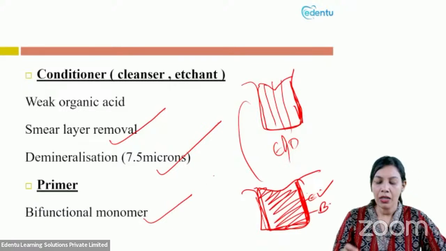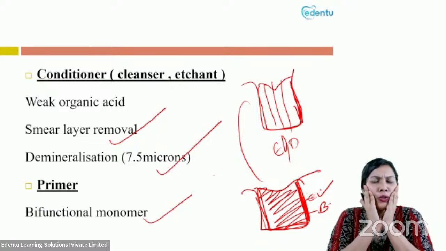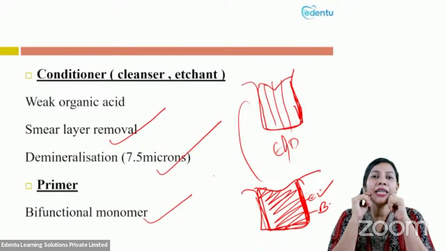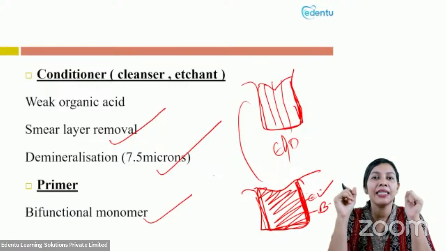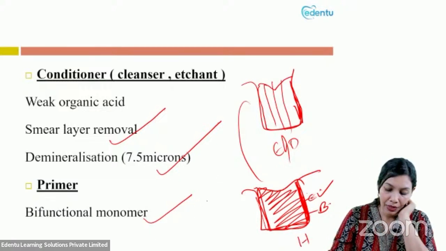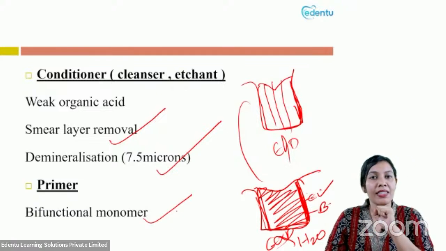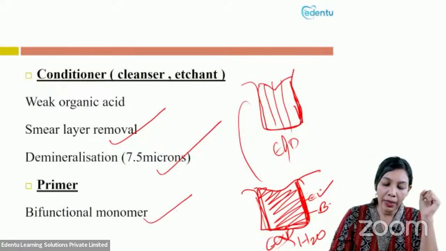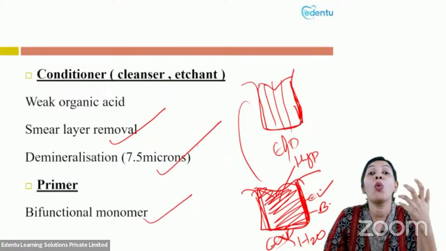Bonding agent is there. So what the confusion was, enamel and dentine are hydrophilic in nature. Means what? There is water present in the enamel and dentine, right? What about the composite? The composite is hydrophobic, that is water repellent.